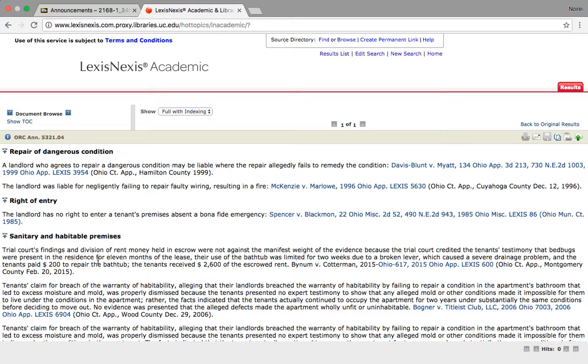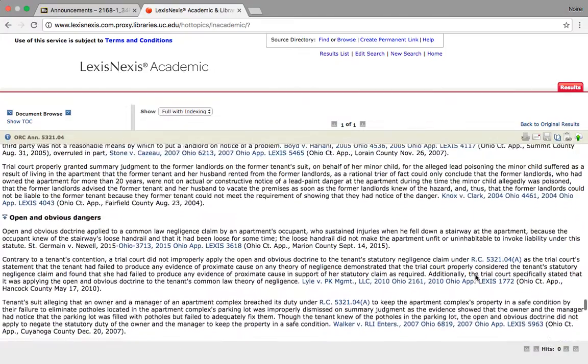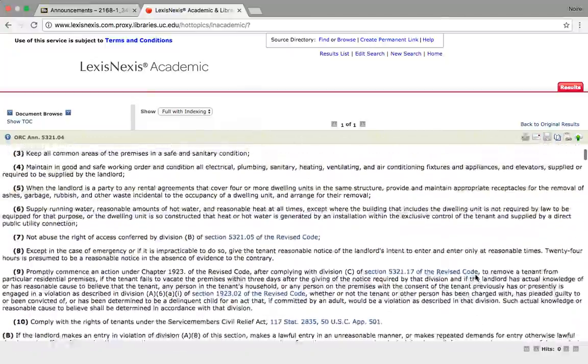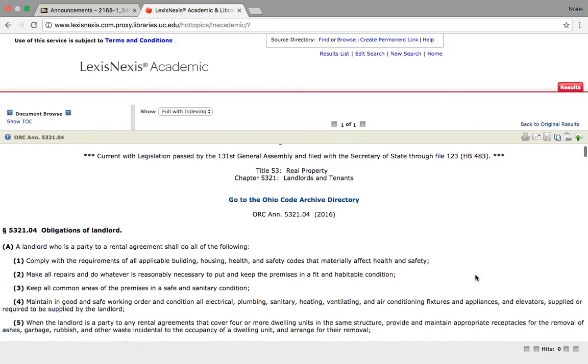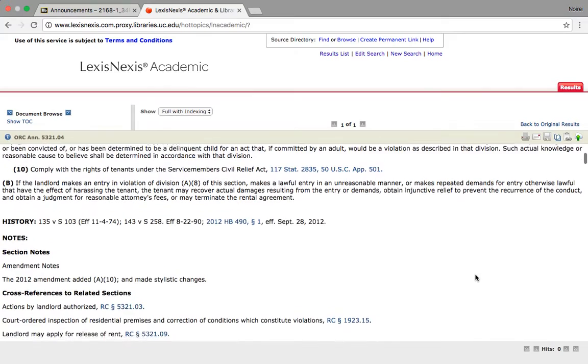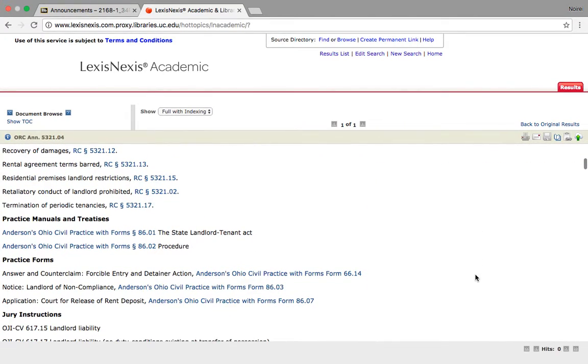The tenants received $2,600 of the escrowed rent. And then we see that they're citing to the Bynum v. Cotterman case, which we briefed. If you read through, this is just the text of 5321.04, so we were reading annotations that were present there.